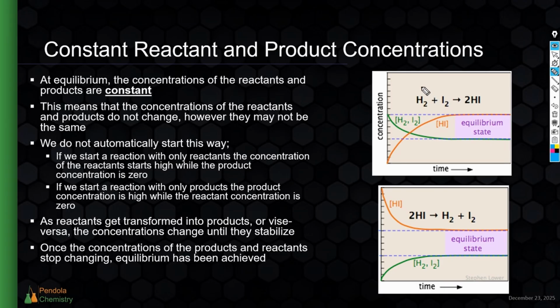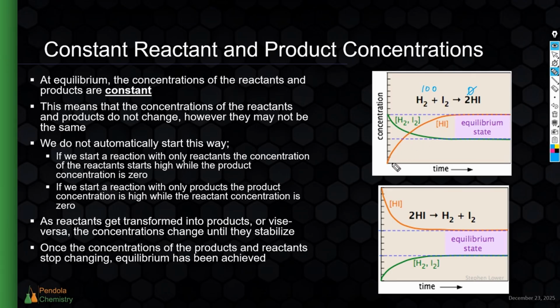So if we start with nothing but hydrogen and iodine, which is what this is showing, and 0 HI, what's going to happen is that as the forward reaction happens, as hydrogen and iodine become HI, the concentration, which is on the y-axis, of hydrogen and iodine are going to start to drop.